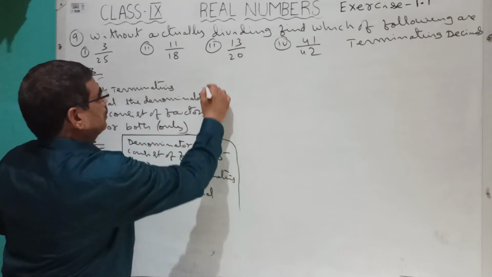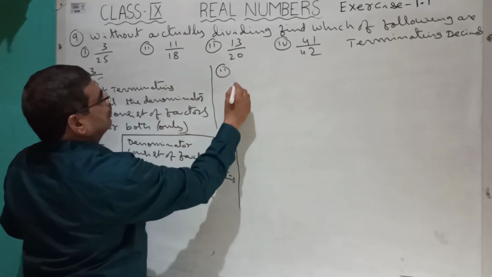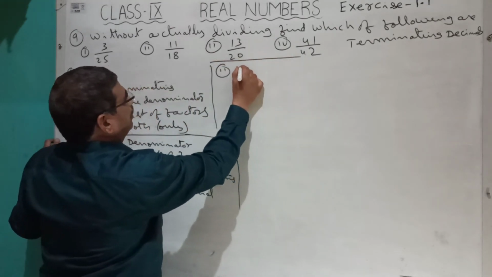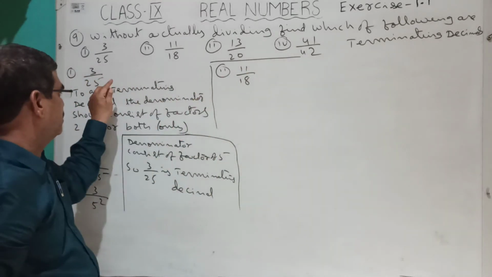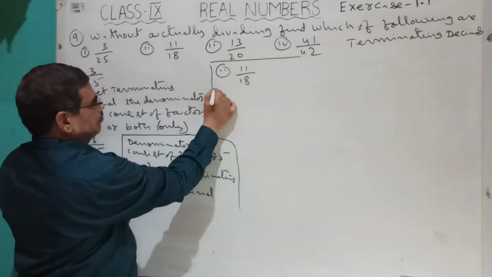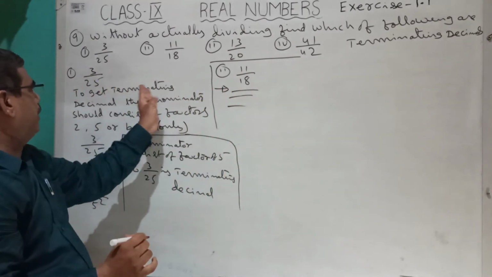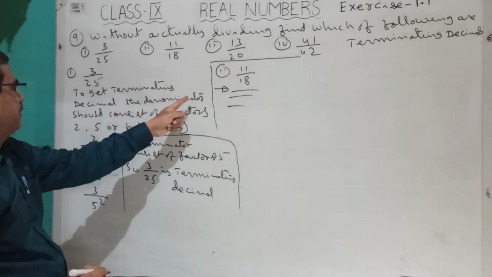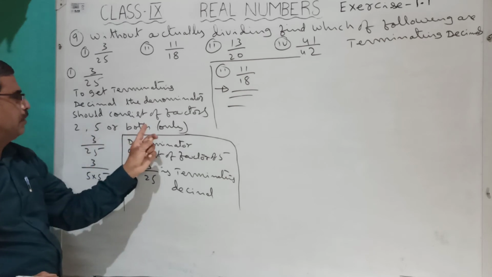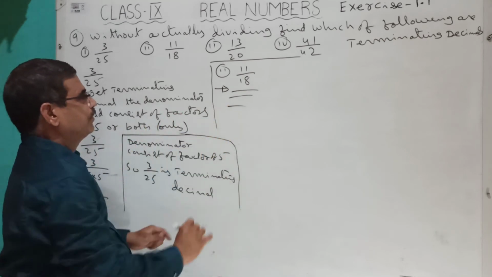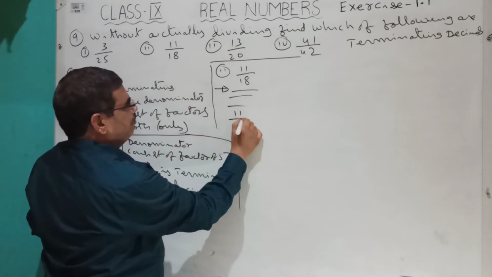So this is our second one, 11 by 18. You have to write the same words here also. To get a terminating decimal, the denominator should consist of factors of 2, 5 or both. Same. After that, here see 11 by 18.